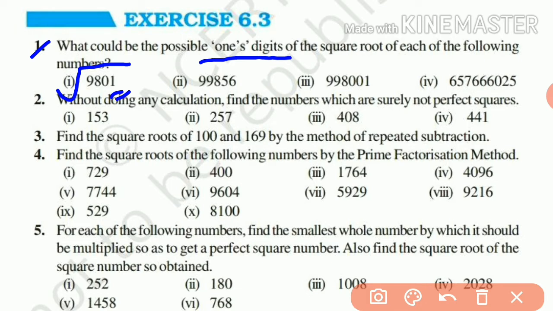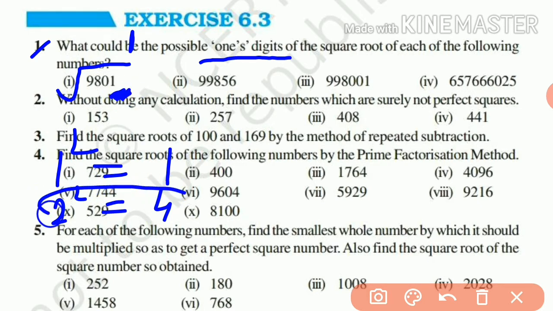The square of 1 is 1, and here the unit place is 1, so the square root of this number can have 1 as its unit place. Similarly, the square of 2 is 4, but here it is 1, so this is not valid. We will check similarly up to the square of 10.